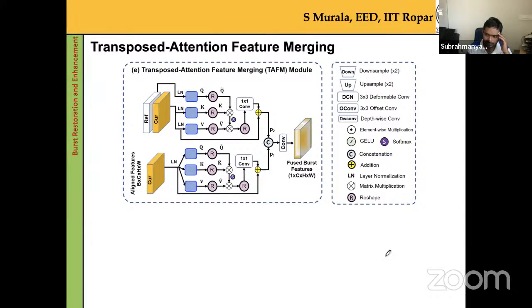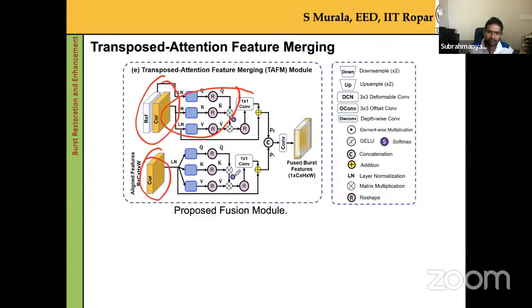Instead of multiplying THW by 512 with 512 by THW, we multiply in the other direction so that it decreases the computational complexity. This is a multi-attention block, or transformer block, we have developed here, by combining the reference and current frame, and here it is only the current frame. Both are connected and the fused burst features are obtained here. We have feature fusion happening here.